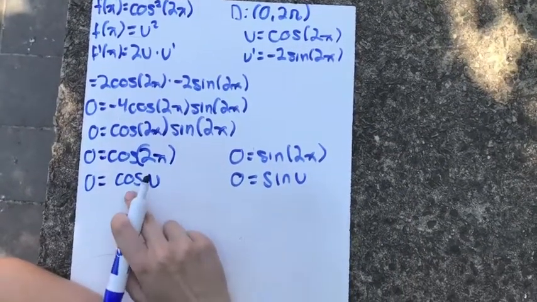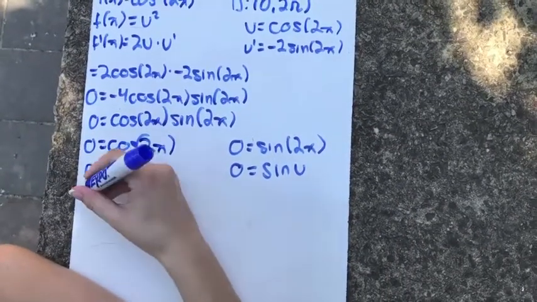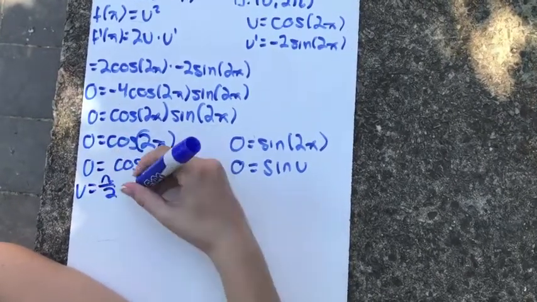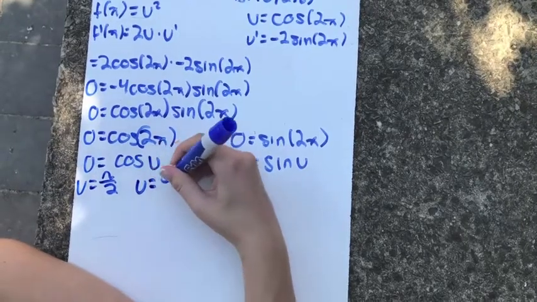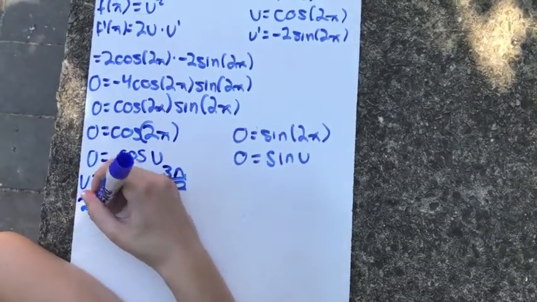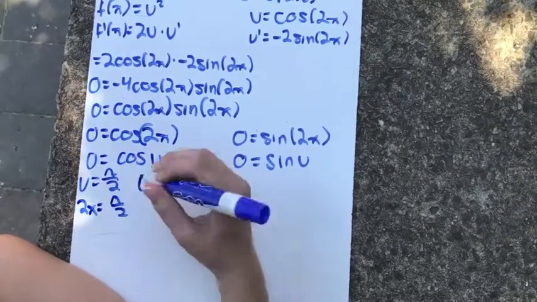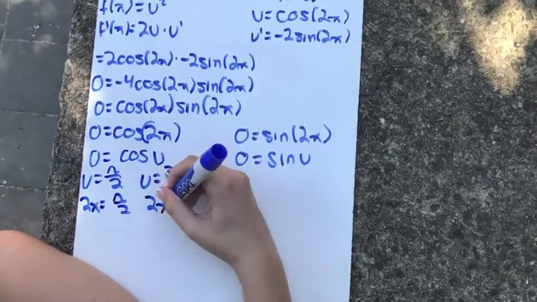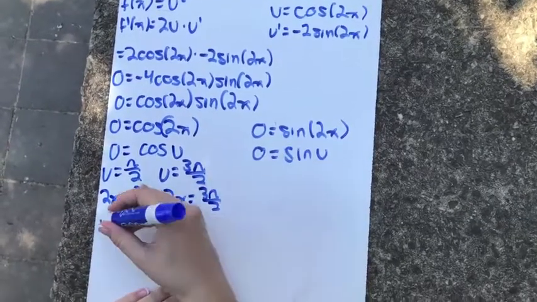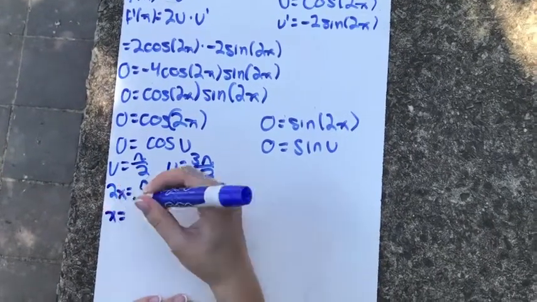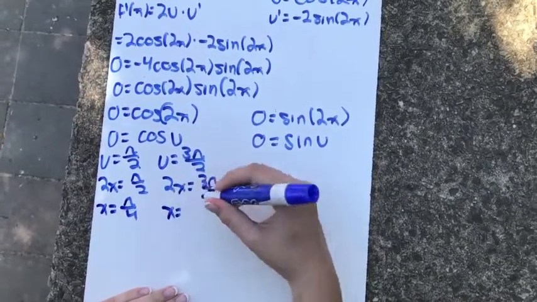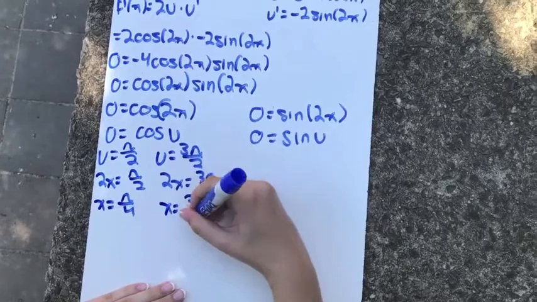Now cosine of u will equal 0 when u equals pi over 2 and u equals 3 pi over 2. Plug in for 2x, so you have 2x equals pi over 2, and then 2x equals 3 pi over 2, and then that will equal x equals pi over 4, and x equals 3 pi over 4.